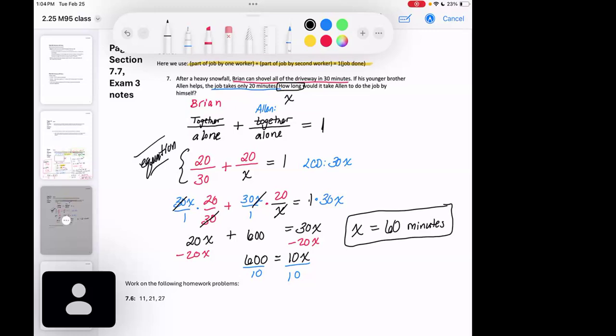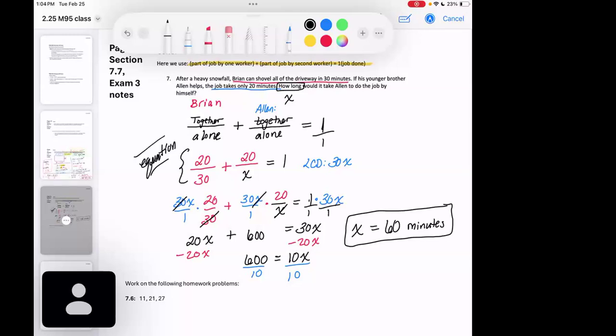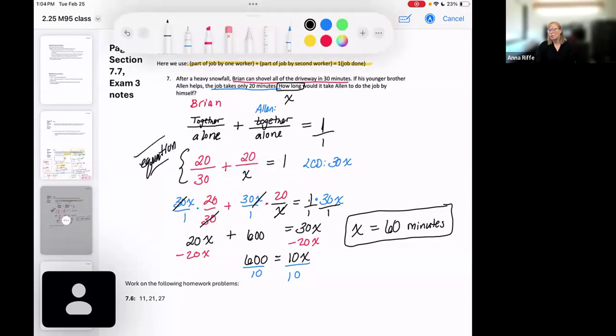If you do, okay, so for that one, wouldn't you do 1/1 times 30 over x? Yes, you could do it that way. But if you do it that way, then you cross out the 30s. You wouldn't cross out the 30 because the denominator of the 30 is 1.